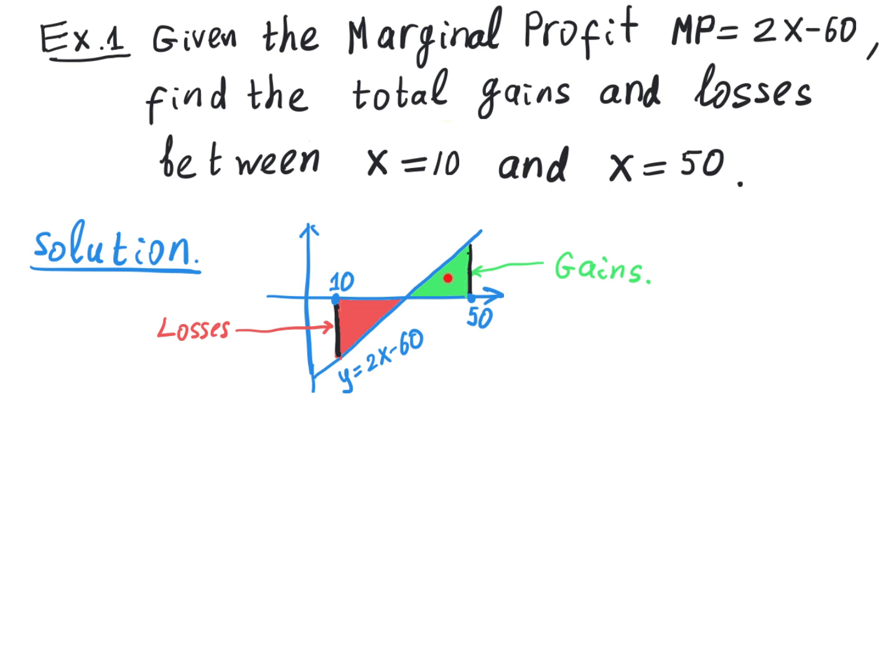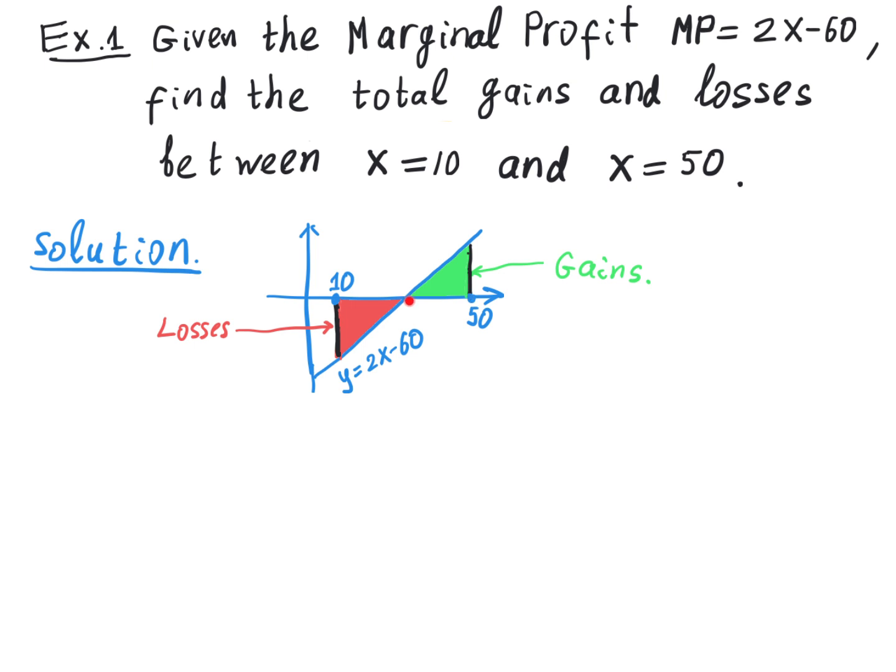The areas above the x-axis, that's the gains. The areas below the x-axis, that's the losses. So now our task is to find these two areas. In general, for finding areas, we use integration. But for instance, to find the green area, we would be integrating for x values starting from the beginning of the green area until the end of the green area.